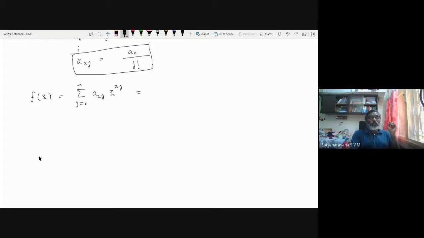So which is equal to some constant a naught times the sum over j equal to 0 to infinity of psi to the j by factorial j. Okay, so I can write it as a naught times the sum over j equal to 0 to infinity of psi square to the power j divided by j factorial, which is given by a naught into e to the power psi square.